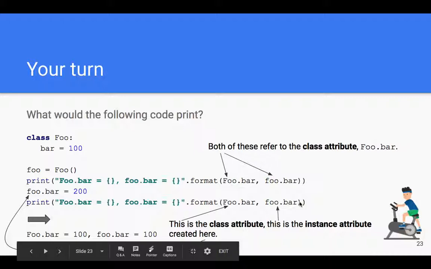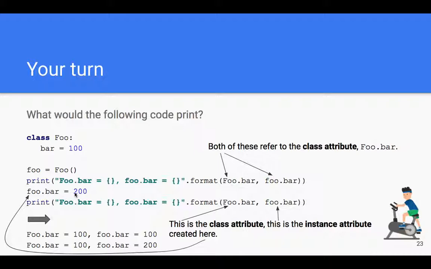But obviously Foo.bar, the class, still refers to the class attribute. So these two attributes at this point are different because of what this line already did.